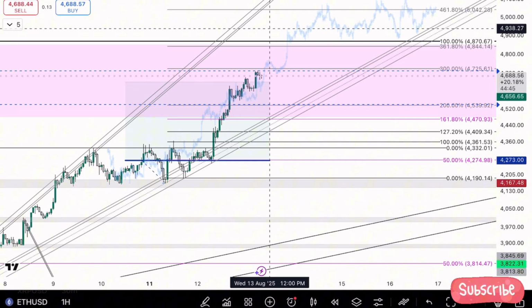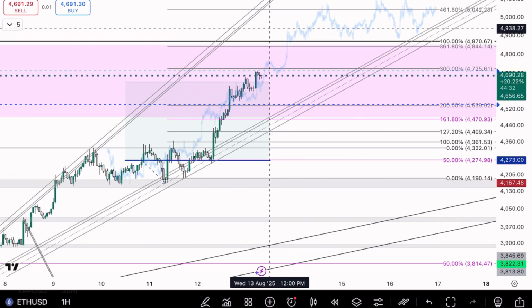Basically, I use this tool sometimes when we are trending and developing a pattern, to see if it continues with that pattern. It doesn't necessarily mean that's the price point we're going to hit, but you can use that previous pattern, copy it, and see if it continues on that pattern.